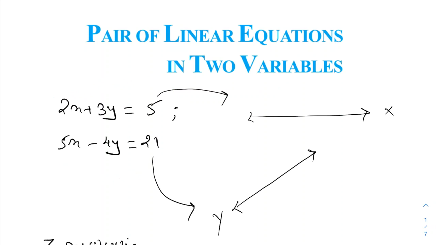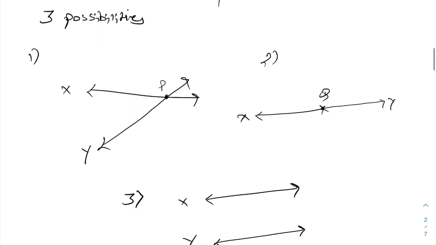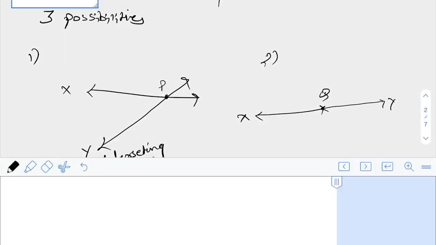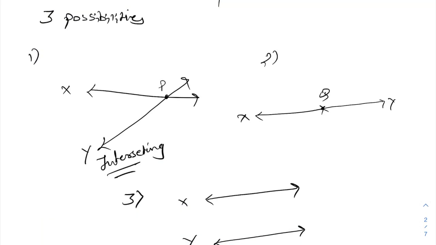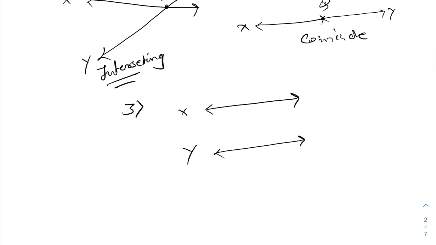In the first graph the two lines are intersecting. In the second graph the two lines may coincide. And in the third one the two lines may run parallel to each other.